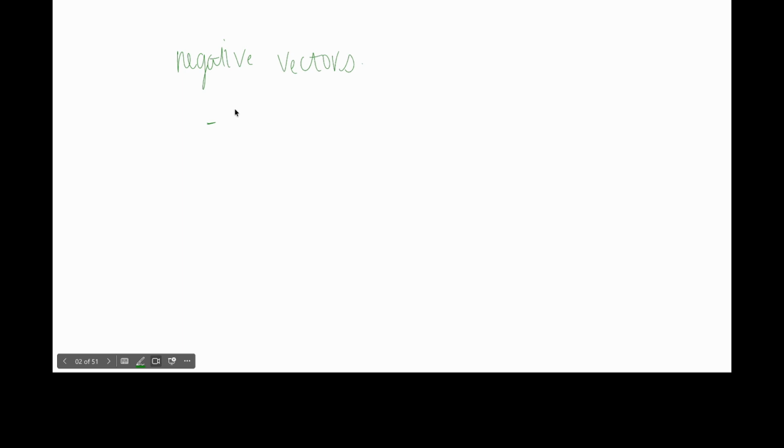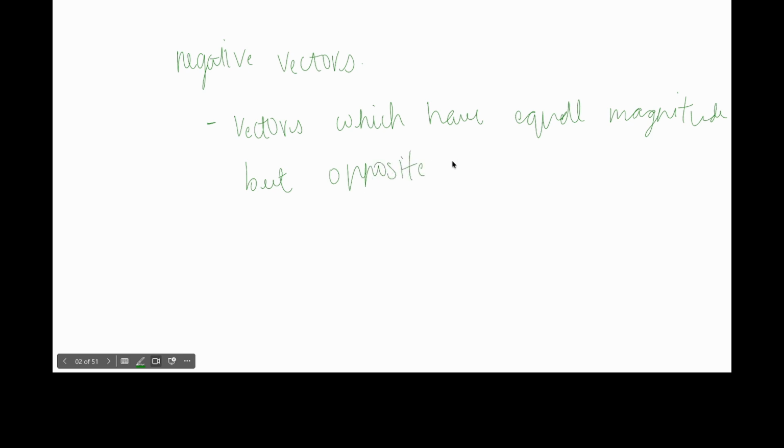So we can write the definition as vectors which have equal magnitude but opposite in direction.